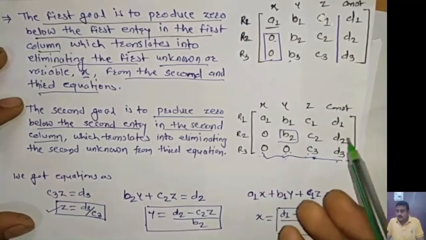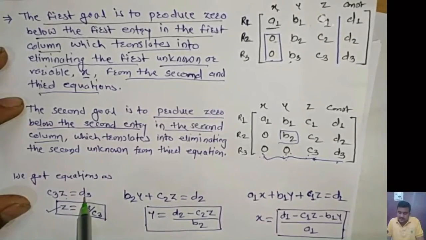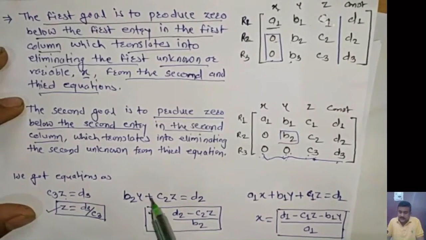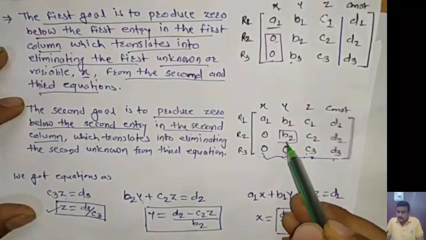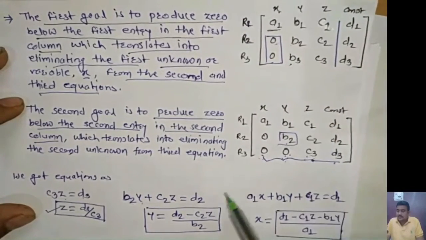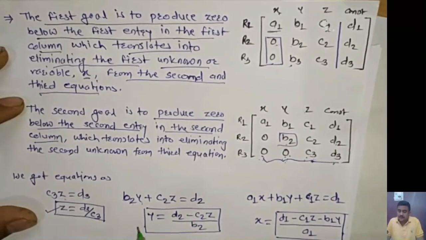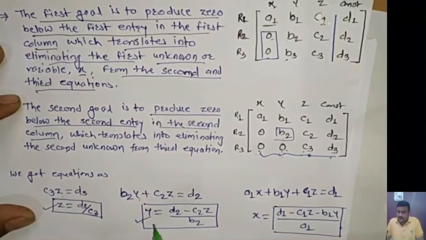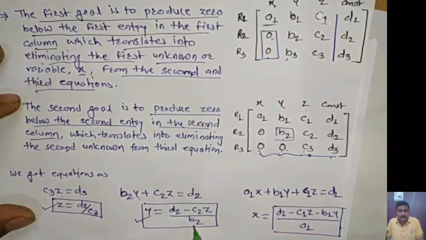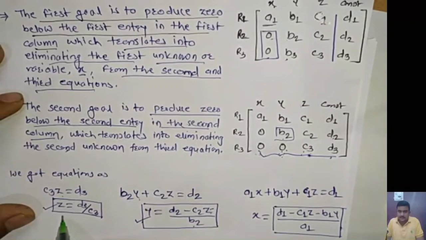So we get three equations as follows. First equation is c3z equals d3, which gives us the value of z. Second equation is b2y plus c2z equals d2, which gives us the value of y: y equals (d2 minus c2z) divided by b2, because we have the value of z from the first equation.